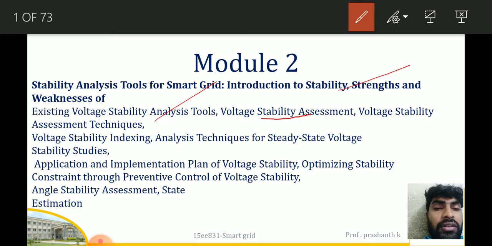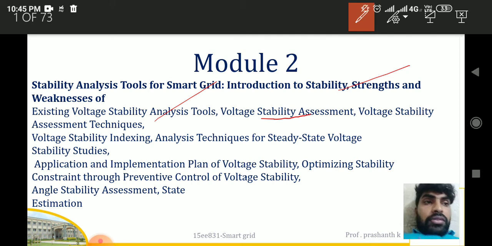Here also some different criteria and different angles will be there to maintain stable operation in the power system components, and estimation of state. So how to estimate, and what the estimations are in the smart grid, to implement in the existing power supply system, existing generation, distribution, utilization, and transmission also. So let's move on to the next slide.